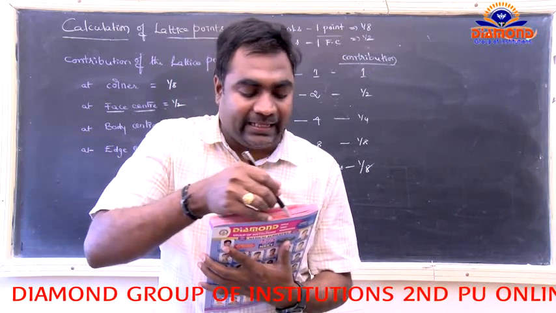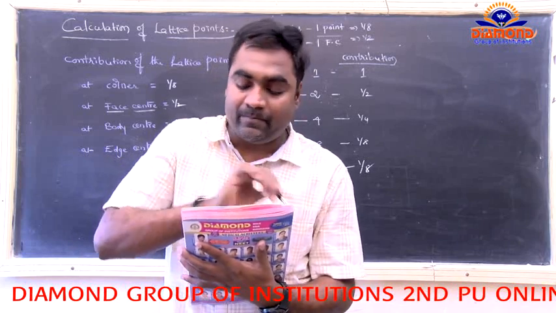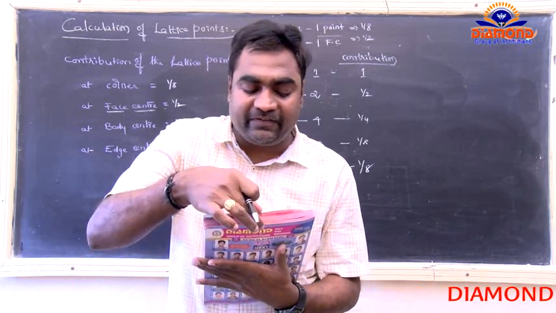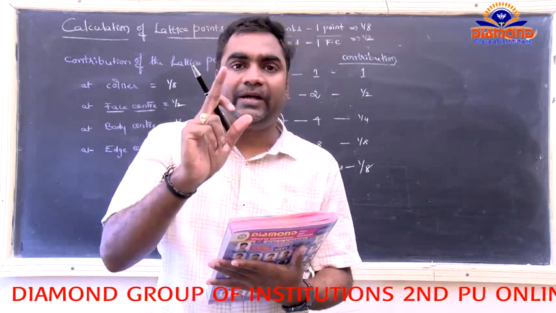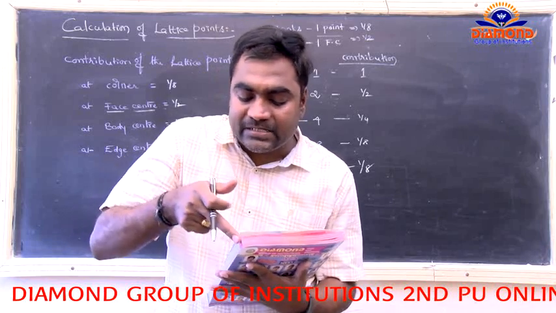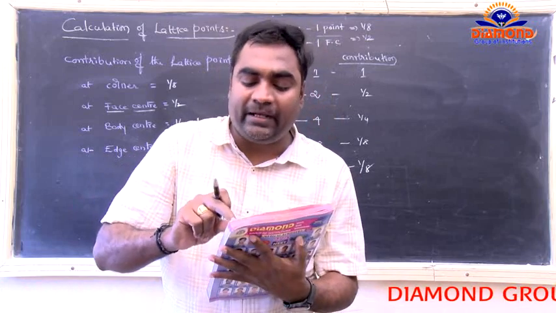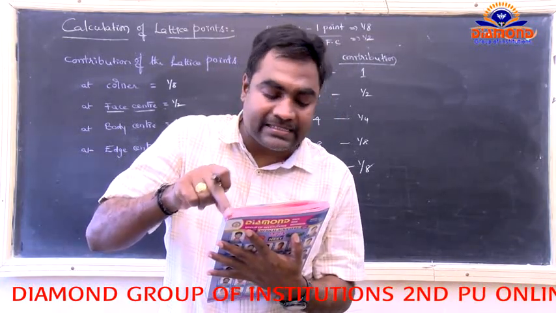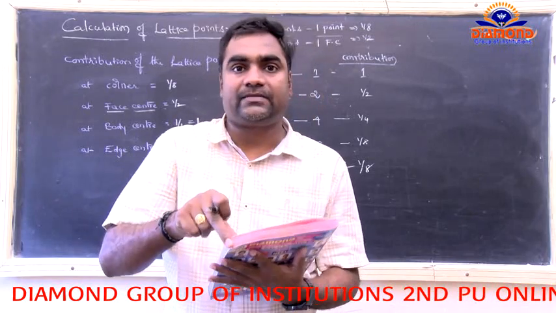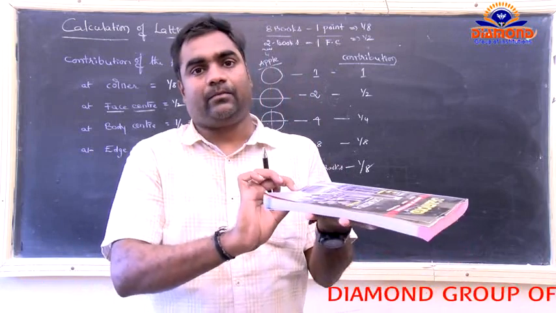Already this edge comes here, this edge comes here. That's why for this face we got only 2 edges, 1 and 2. That's why we are omitting this and this. Remember, these 2 edges we have to omit. That's why here 2 edges will come, here 2 edges will come.